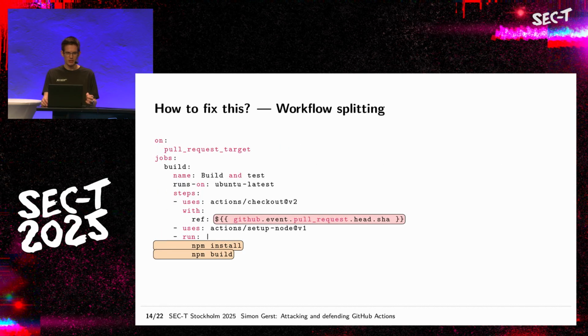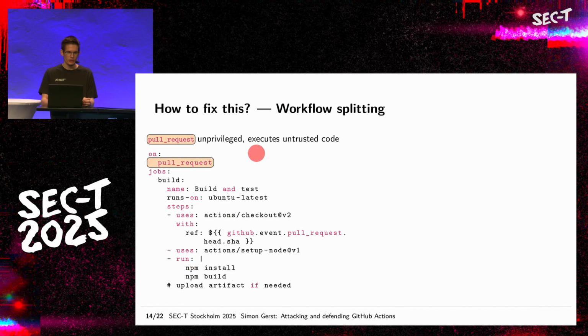So this is our insecure example from before. We have pull request target, and we change this to just pull request, because pull request doesn't give any write access. Then we execute our code, and let's just assume we upload some kind of artifact that we want to later use.